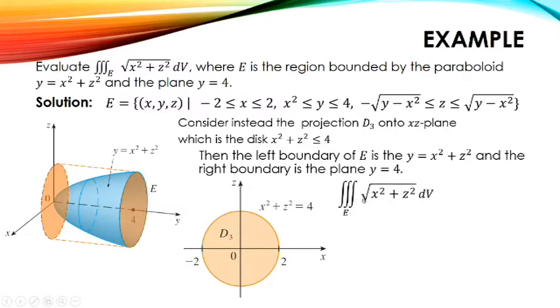So, the triple integral of the function square root of x squared plus z squared dV on E is equal to the double integral of the integral of square root of x squared plus z squared dy, where yung y is evaluated from the paraboloid y is equal to x squared plus z squared up to the plane y is equal to 4, and dA, where yung D3 is the projection, so yung x squared plus z squared is less than or equal to 4.